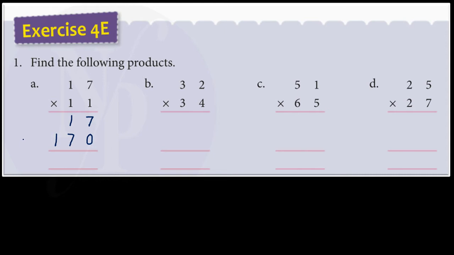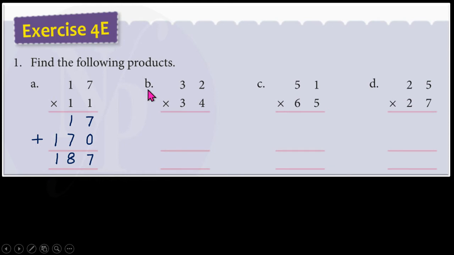Let us add these two numbers now. I put a plus sign here, and we will add these two numbers. So 7 plus 0 is 7. 1 plus 7 is 8. And 0 plus 1 is 1. So 187 is the product of 17 and 11.